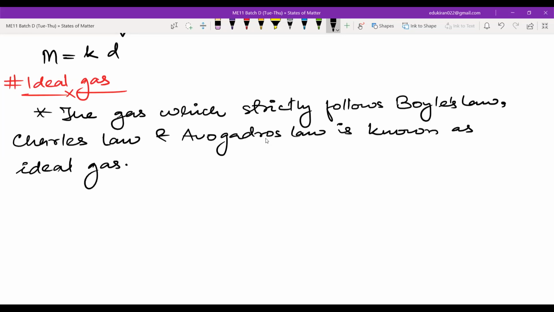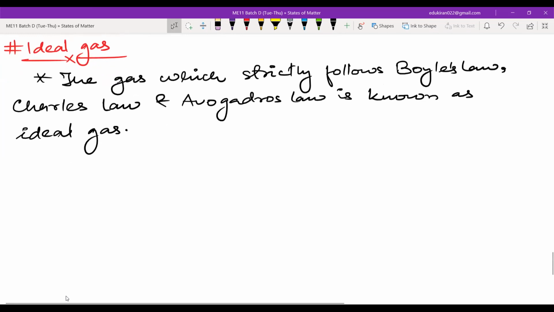So you will see that we have not considered the Gay-Lussac law in the definition. Why? We will understand that in the derivation, because we don't need the Gay-Lussac law in the derivation. That is why we don't write it in the ideal gas definition.